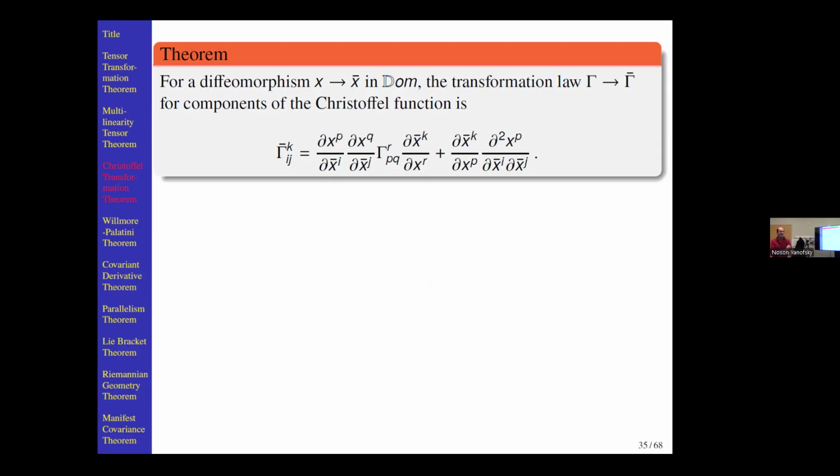I didn't at all understand what he was talking about, but he said there was a thing called a spray that lived in the second tangent bundle. And that's what that is. It's the second derivative, derivative of the derivative. So I still don't know what a spray is, but I know this is the first example.